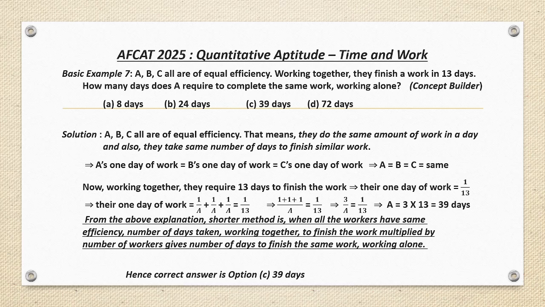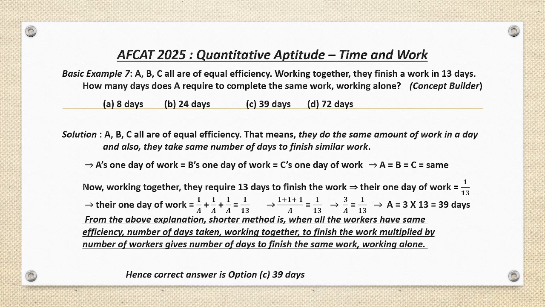They are of equal efficiency. So, they do the same amount of work in a day, and also A's 1 day's work, B's 1 day's work, it is all same. Okay. And now we got working together, they require 13 days. That means 1 by A plus 1 by B plus 1 by C is equal to 1 by 13. And A, B, C are one and the same.